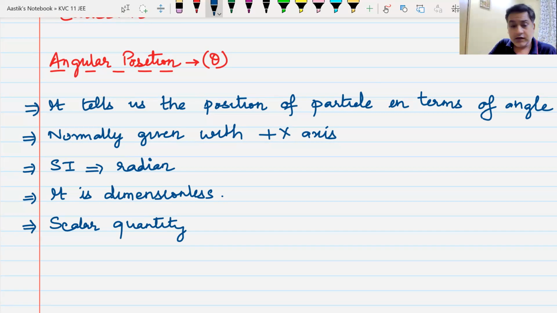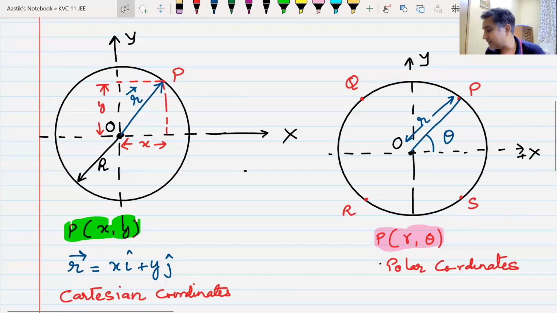Okay. Now we follow a small sign convention here. And it is good that we understand the sign convention here. If we go back to motion in 1D and 2D, along x-axis, positive x was positive and negative x was taken as negative. Positive y was positive and negative y downwards was taken as negative.